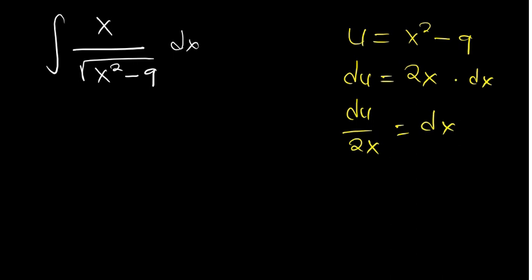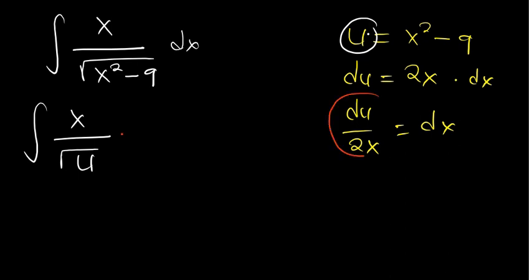So then we have the integral of x over, for our denominator we've said our u is equal to that, so we have root of u, and then for our dx is equal to the first part, so we have du over 2x. So our x can actually go, and then you can pull out the 2 which is on the denominator, so we pull out a half.